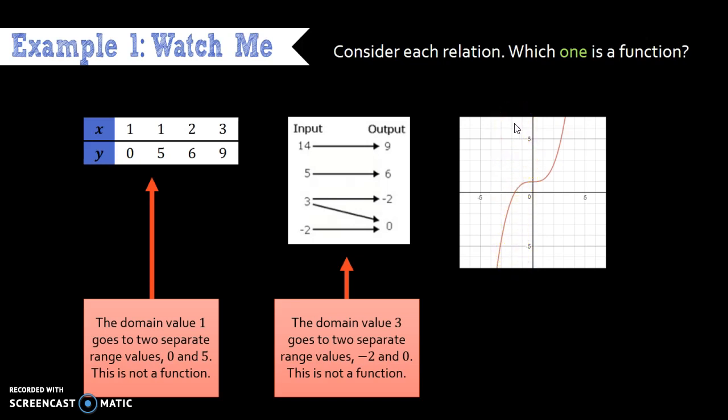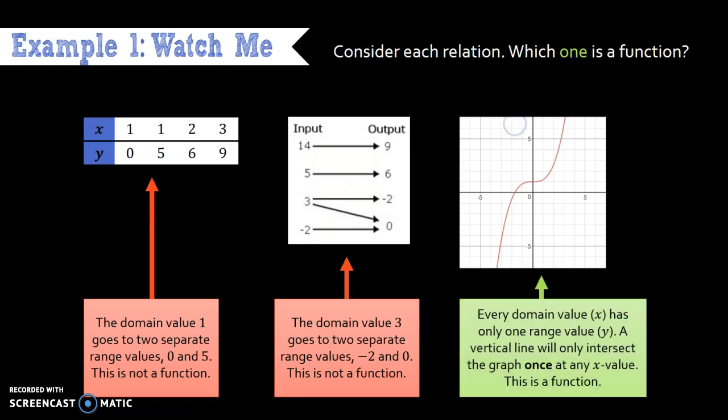I'm passing the vertical line test by only intersecting my graph at one spot. That shows me that every domain value, x, has only one range value, y. The vertical line, anywhere you put it, you could try it anywhere along this graph that you'd like to, you're only ever going to intersect this graph once at any x value. This is a function.